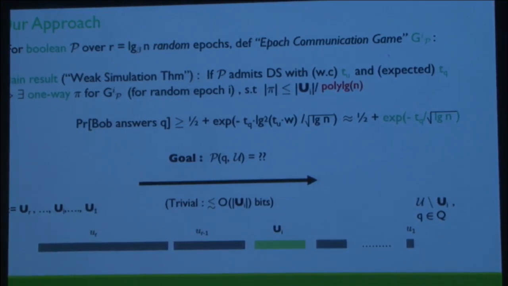So is it one of these lower bounds where either TQ is bigger than log n to the 1.5 or TU is actually bigger than n to the epsilon? No, it doesn't fit.